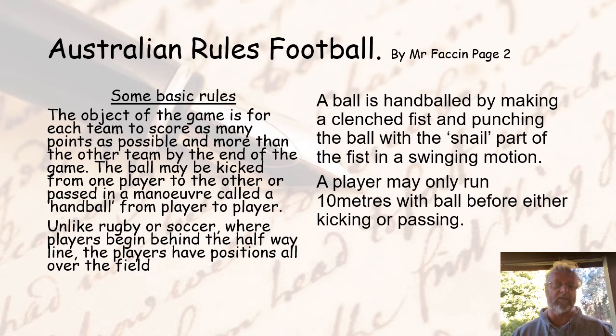Again, here on my second page, I've shown you how I've used the different fonts to show you my paragraphs. Notice in the second paragraph over here, I've got the word handballed, by making a clenched fist and punching the ball with the flat part of the fist in a swinging motion. So there's some really great technical language, okay?